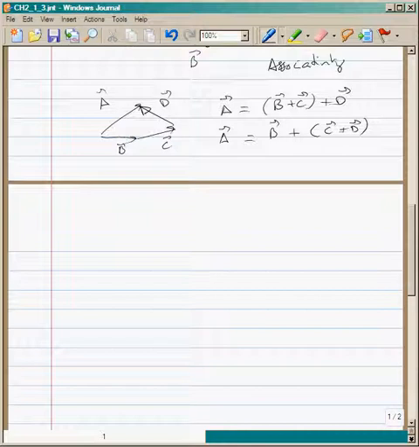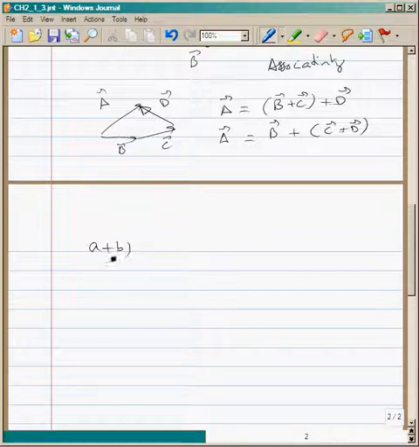You can use the same two rules with scalars. So if you have a plus b, which are scalars, times a vector A, you can use the same distributive rule as the one you know for scalars. You can multiply the first scalar by the vector, then add the second scalar times the same vector.